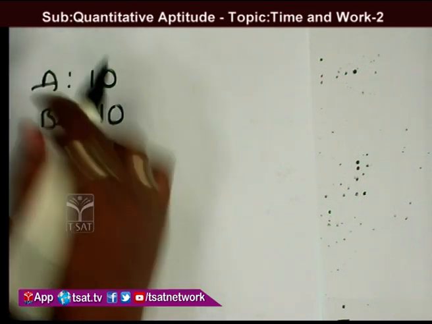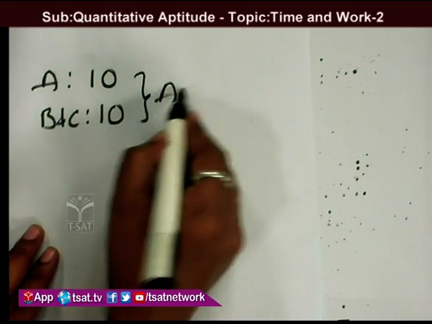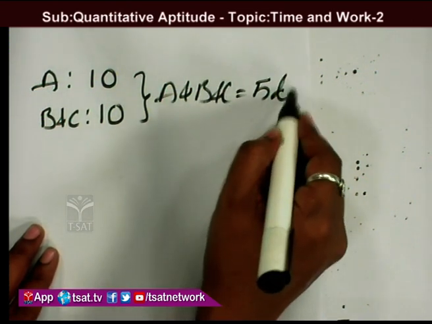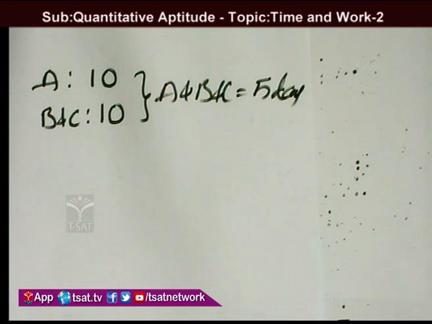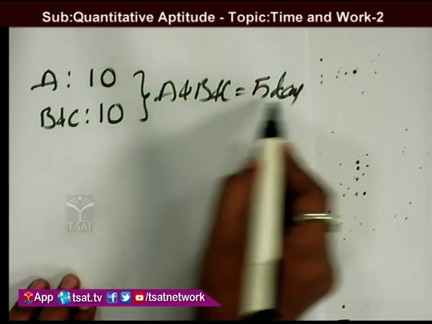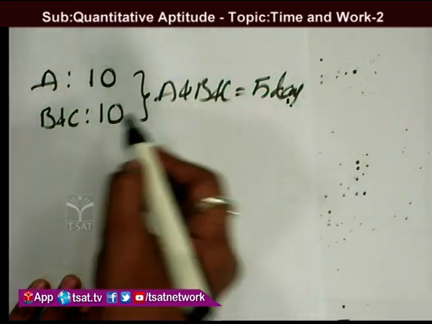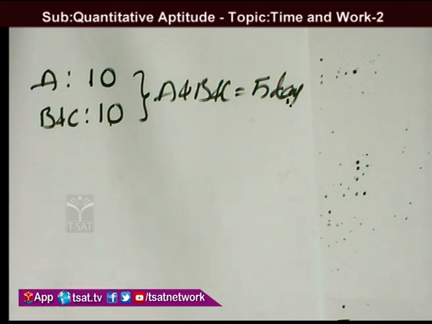Is it clear? If A, B and C all work together, they take 5 days. Is it right or not? So, ABC is 5 days. You observe, if ABC is 5 days, it is half of A's time, and half of B and C's time. Okay, this is the concept.